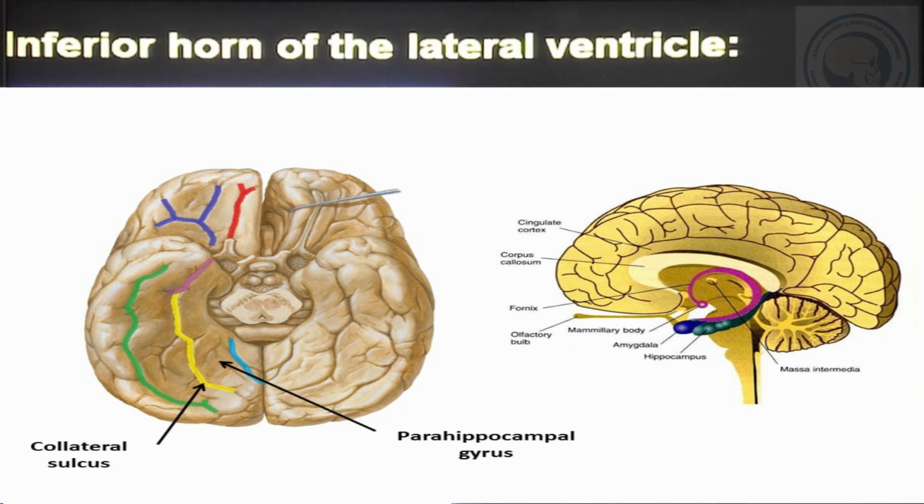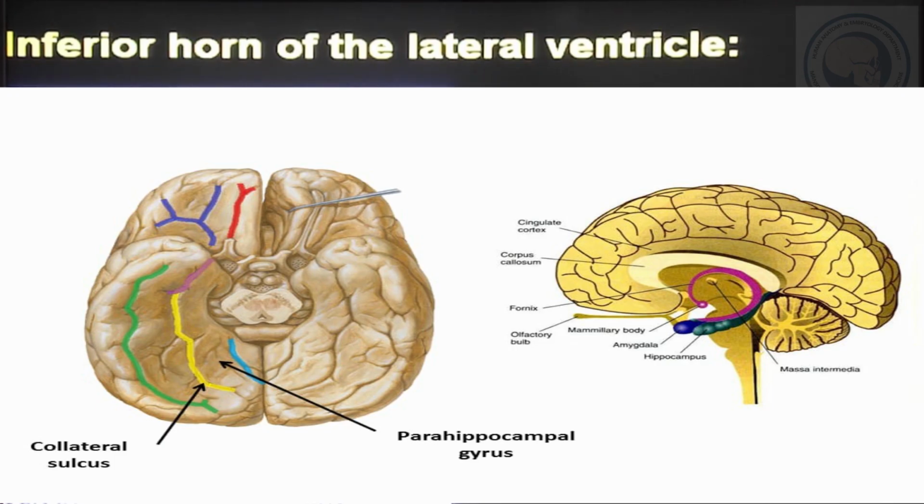If you enter deeply in the inferior surface of the brain or the cerebral hemisphere, you will find the collateral sulcus and the parahippocampal gyrus opposite the floor of the inferior horn. So, collateral sulcus produces an elevation inside the floor of the inferior horn.